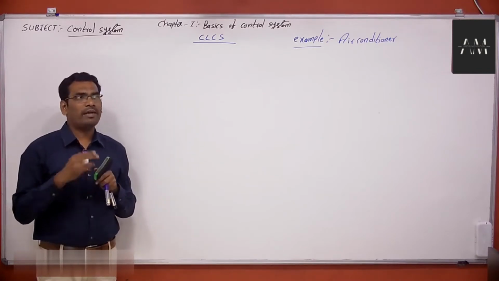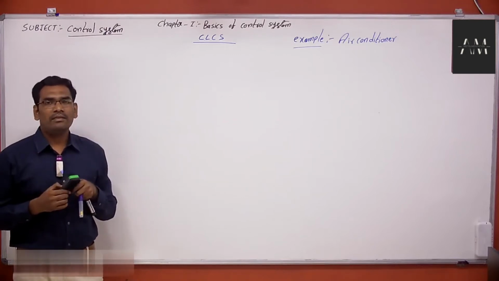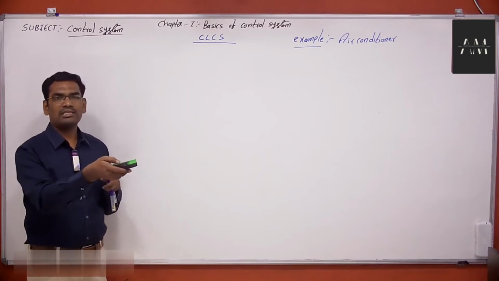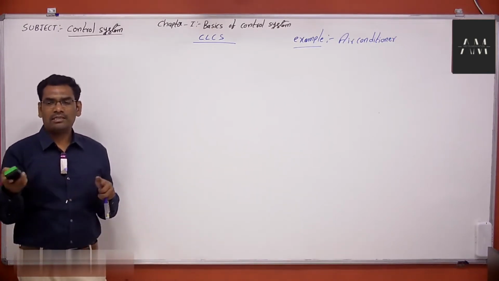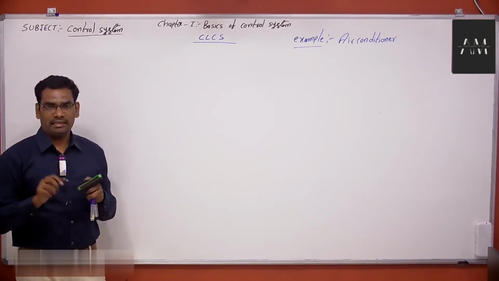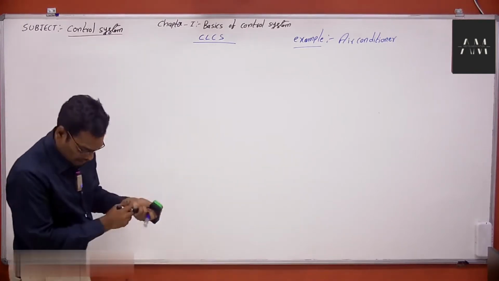Then what is your final task? You just take a remote and set the temperature on the air conditioner. Am I not right? At that particular point we start the operation of the air conditioner.